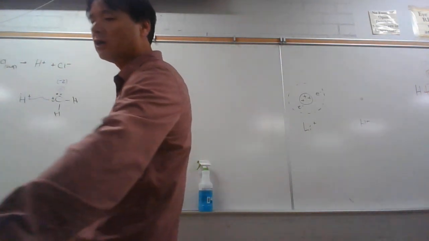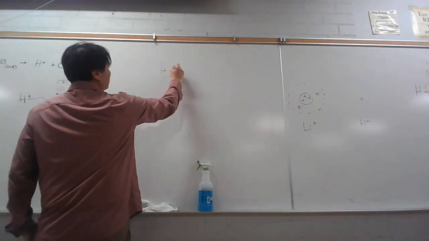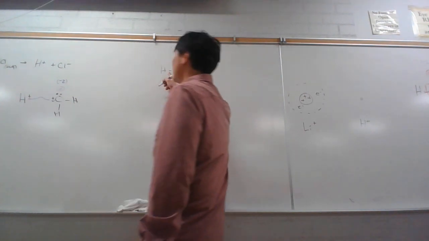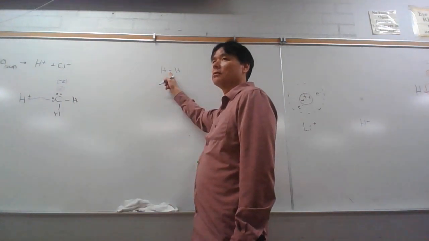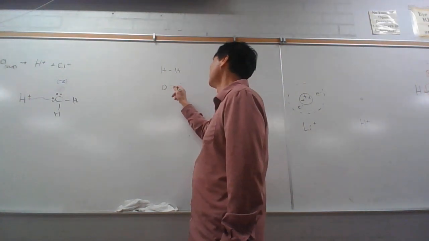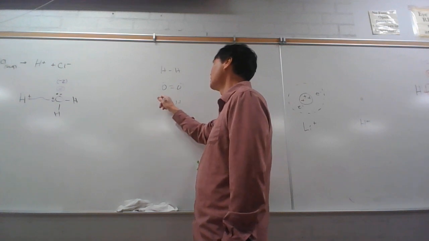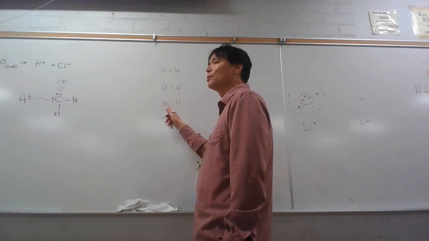That is, if you have a tug of war between two equal atoms, like hydrogen versus hydrogen, who wins the bonding electrons? It's a tie. Oxygen versus oxygen, who wins? It's a tie. But oxygen and hydrogen, who wins? Oxygen, because oxygen is more electronegative.